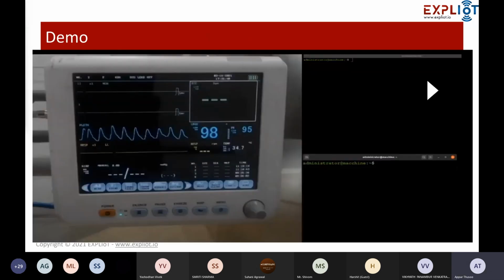And here is a small demo. This was done as part of our internal research, where we found a device having vulnerable firmware and how the attacker was able to exploit these devices. So this is a patient monitor, which basically gives out the vital stats of the patient.